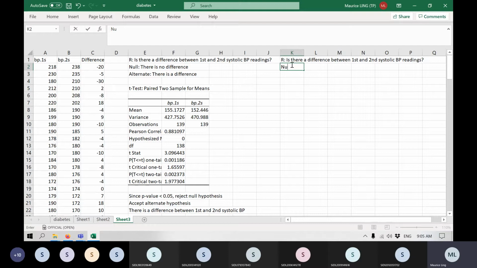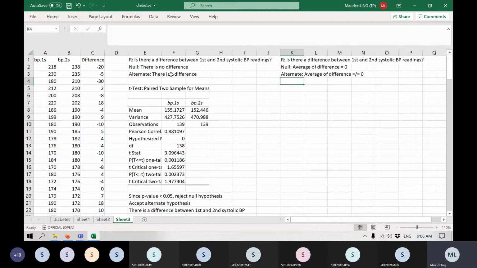My null hypothesis is the average of difference equals 0. My alternate hypothesis is the average of difference is not equal to 0. Average of difference not equal to 0 means that there's a difference. It's the same way of writing.